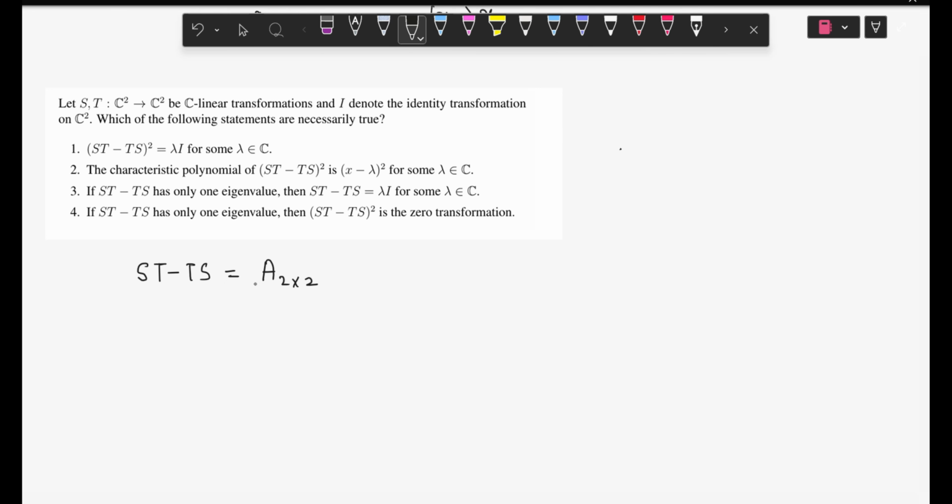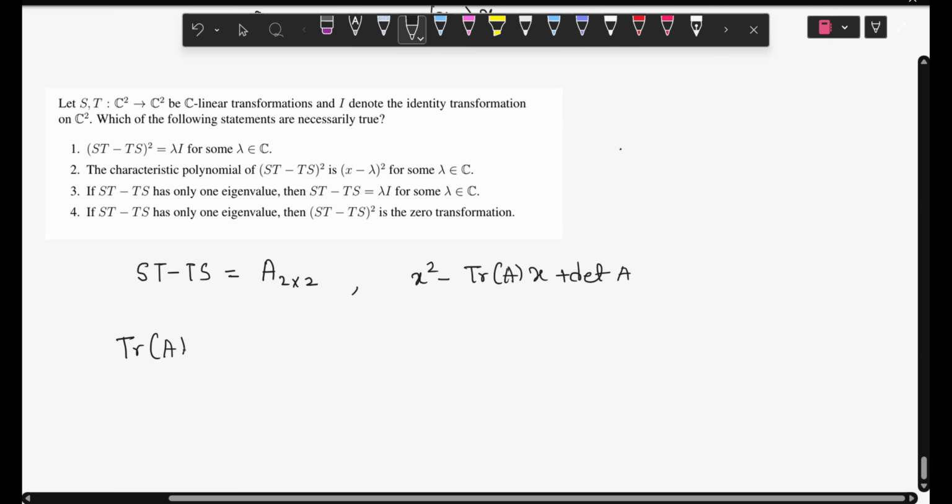If we try to find the characteristic polynomial of A, we already have discussed that it is x square minus trace of A times x plus det of A. Now let's calculate the trace of A, which is the trace of ST minus TS.